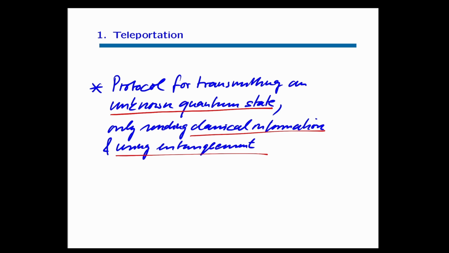And then you do something different. You will not take this thing with its carrier and move it along, but what you do instead is you prepare an entangled state between the two parties, so that one system that's entangled lives on this side at A, and the other particle lives on the side of B. And now you have two particles at A, namely the state that you want to teleport, that may be unknown.